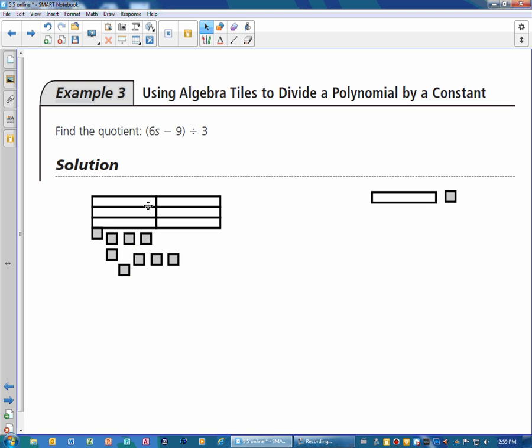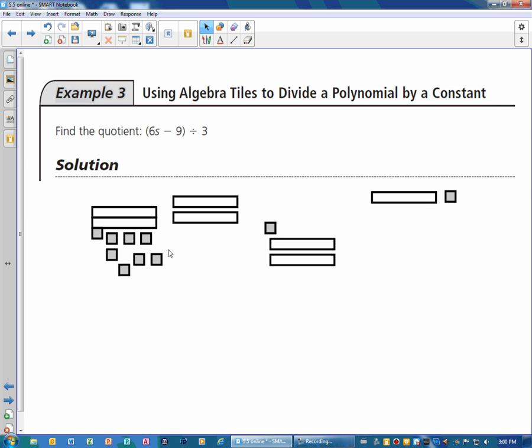Okay, good. So there's 6s minus 9, and we have to divide them into 3 equal rows or 3 equal sets. So if we have to divide them into 3 equal sets, each of the sets gets 2 of these. Each of the sets gets 3 of these, so that it's even.